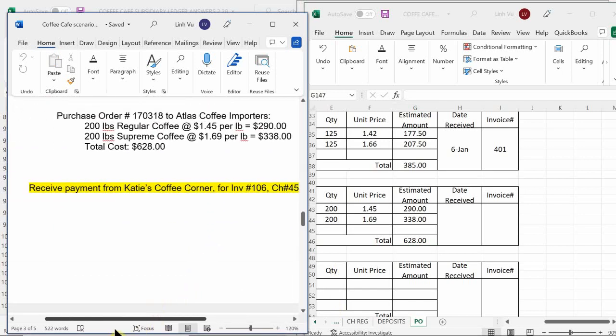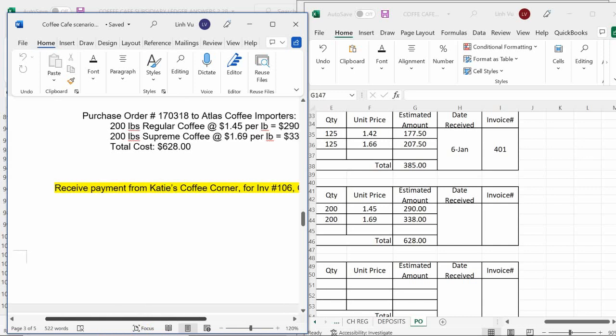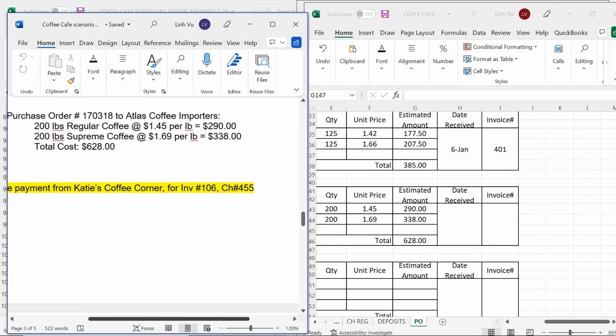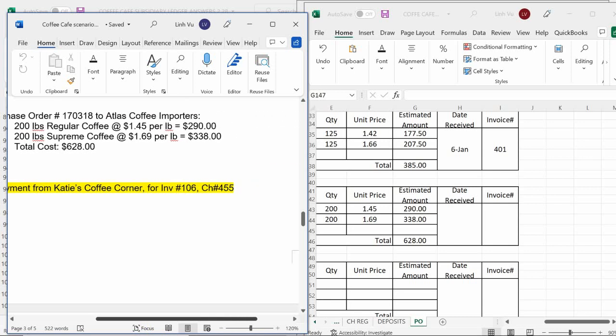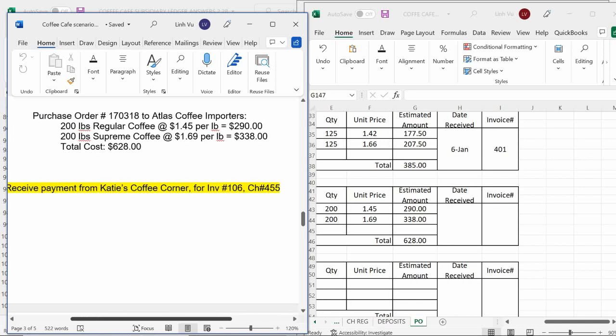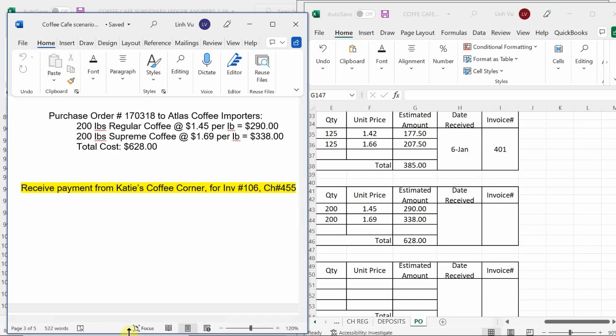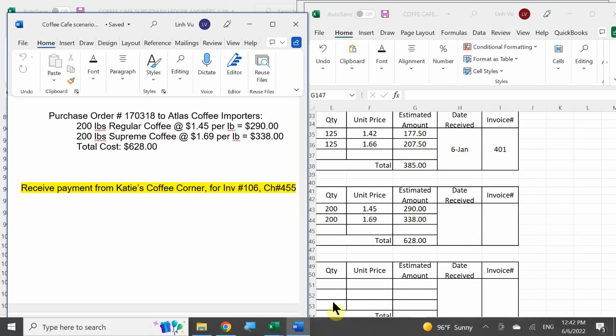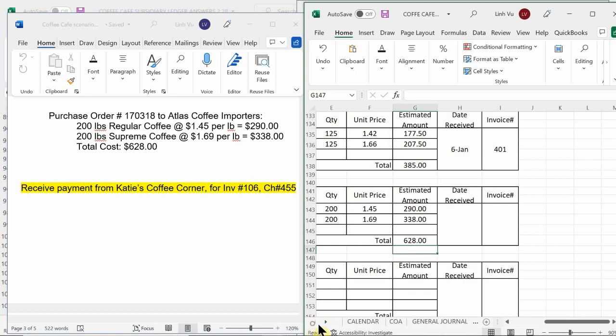Let's see what has happened next. It says we received a payment from Katie's Coffee Corner for invoice number 106, check 455. Let's take a look.